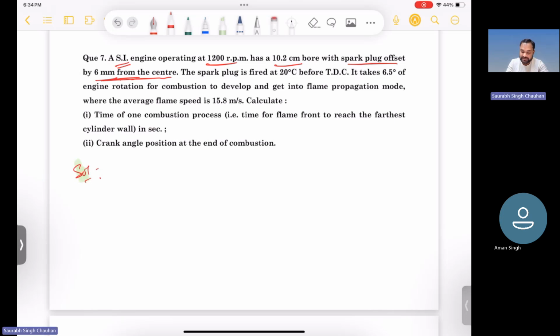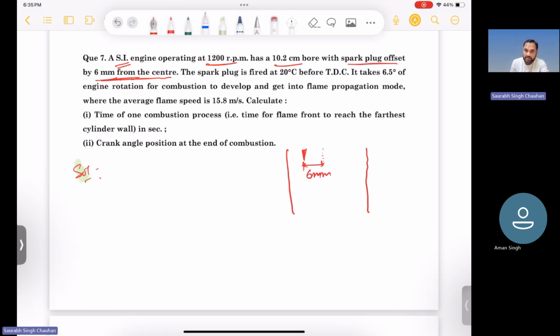So there is some distance between center and spark plug, and that distance is given as 6 mm. So let us say this is the cylinder and this is the center. So the spark plug is somewhere here. Okay, this is the spark plug. So this distance is 6 mm.